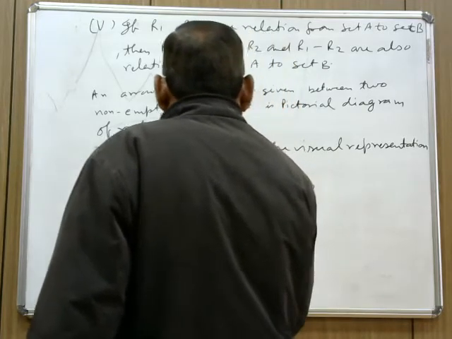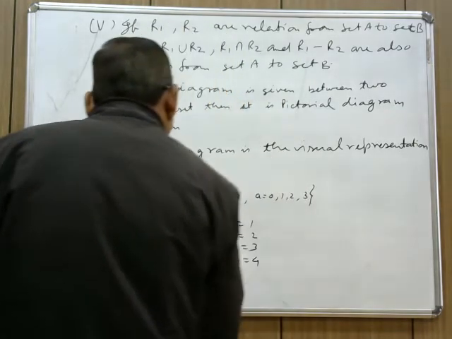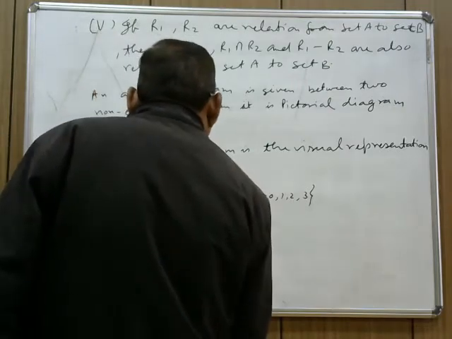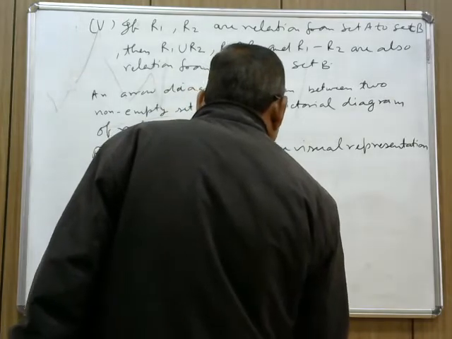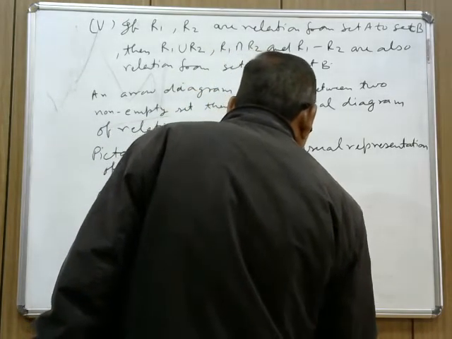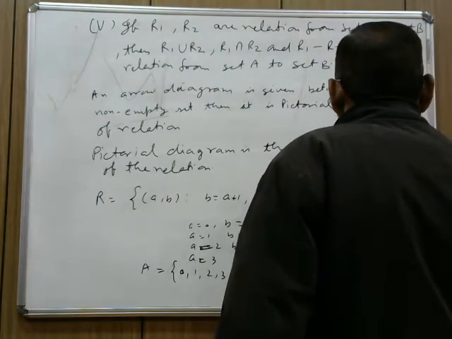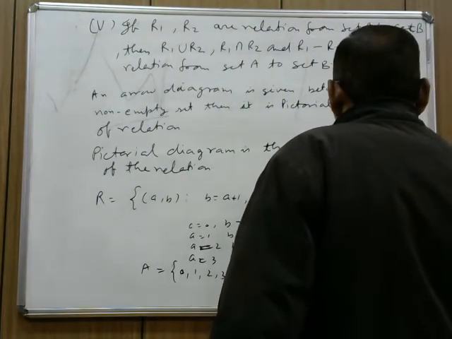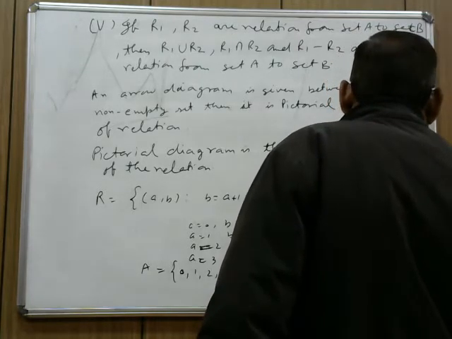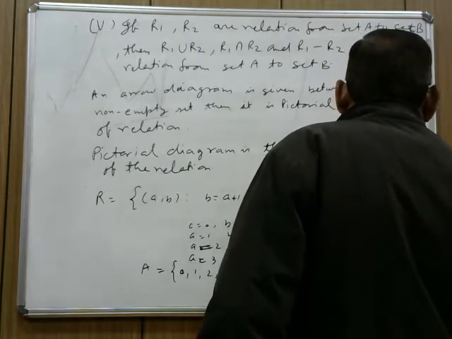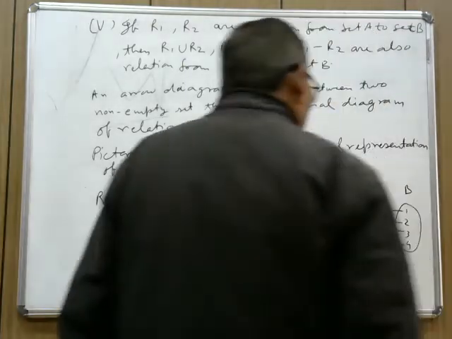When you take your set A as 0, 1, 2, 3 and set B as 1, 2, 3, 4, 0 is related to 1, 1 is related to 2 under this relation, 2 is related to 3, 3 is related to 4.